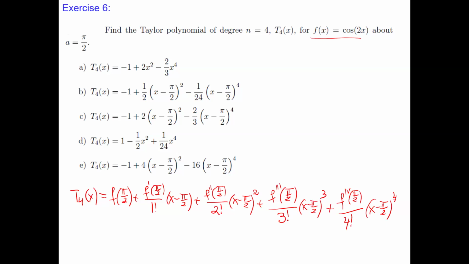Find all of these components, substitute, and pick the correct one. Yes, you can do it.